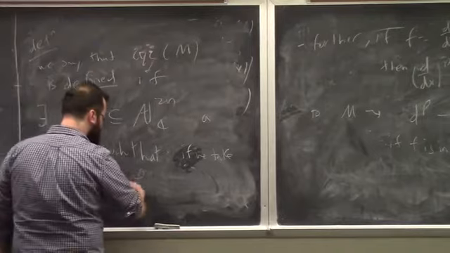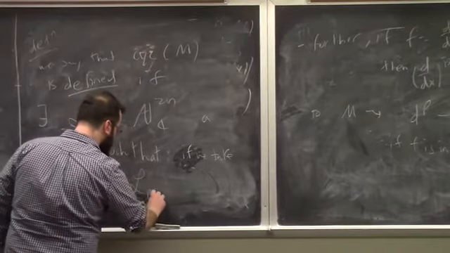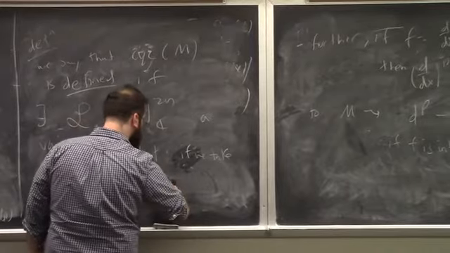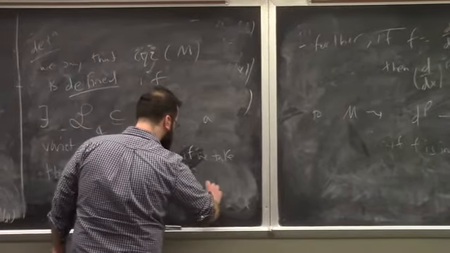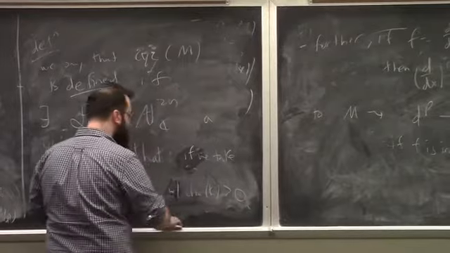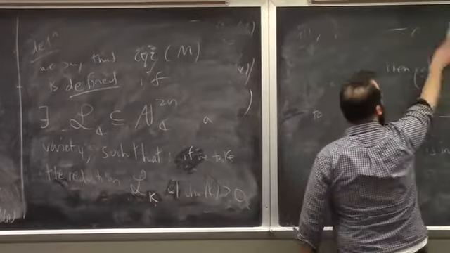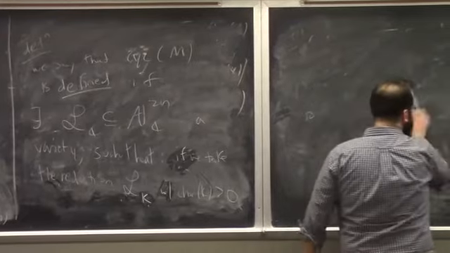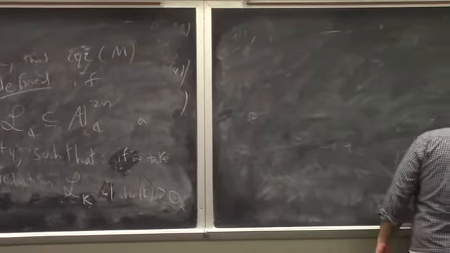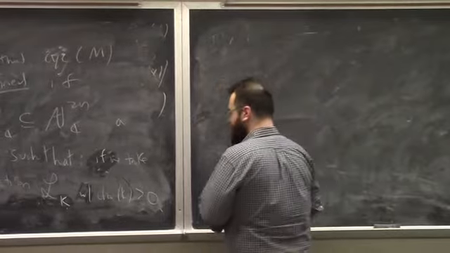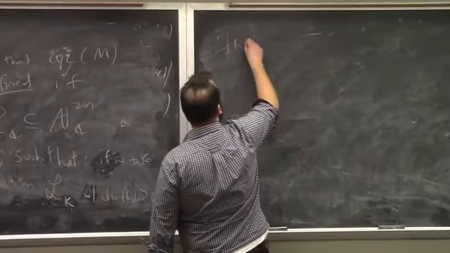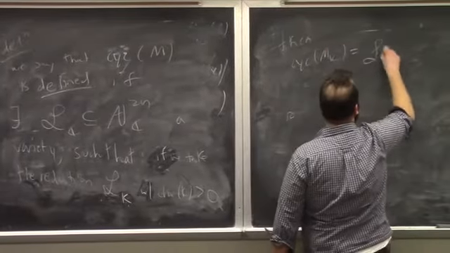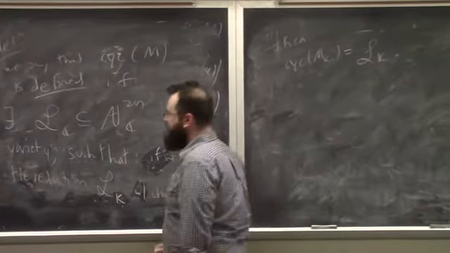So such that if we take the reduction, L_R mod P, or let's even say L_K with characteristic of K greater than 0, then we demand that the cycle of M_K is equal to L_K.